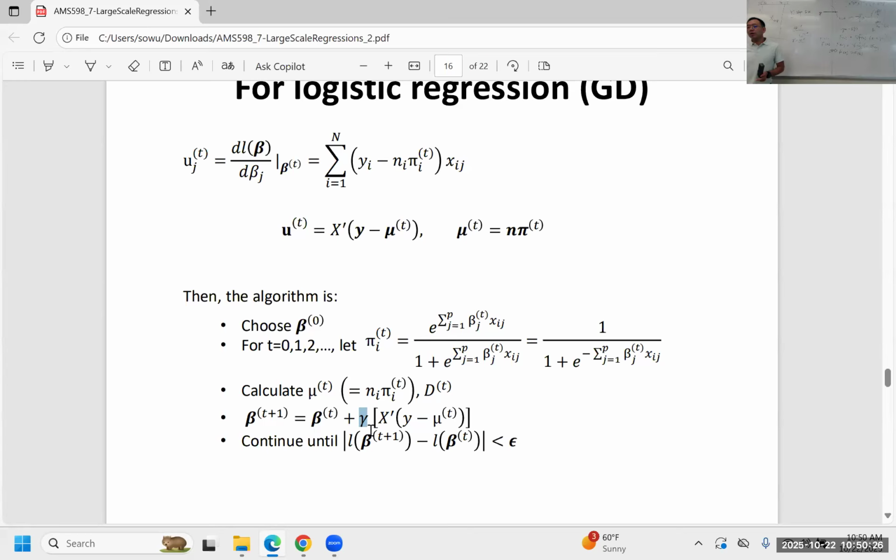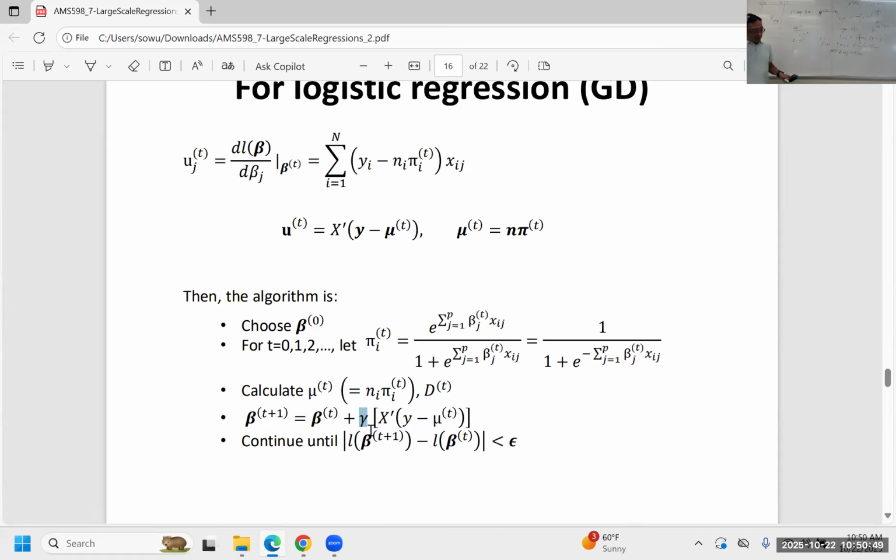Then it may create a problem called oscillation around the maximum point. Once you get to this point, the next time you may go back and forth, because the gradient can only tell you go that way, but it can't tell you how much to go.